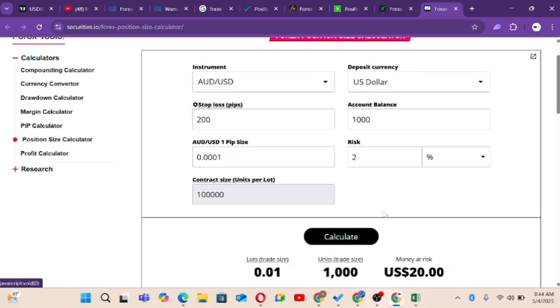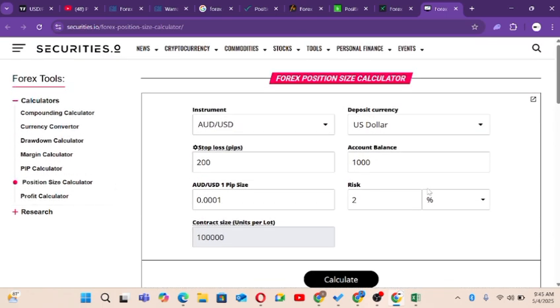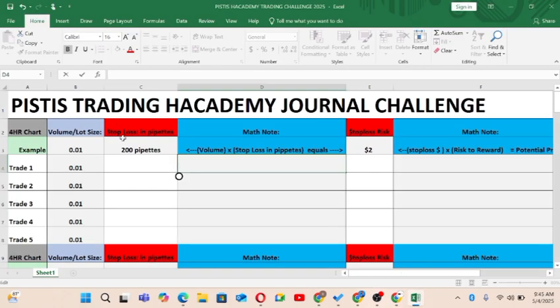If you click here, you see the contract size is 1,000, the lot size is 0.01, and the money at risk is $20. This gives you insight into what you will lose in case the trade does not go your way. But for us as a family, we will be risking $2, and we want to grow gradually. So this is the Excel sheet we are going to use.